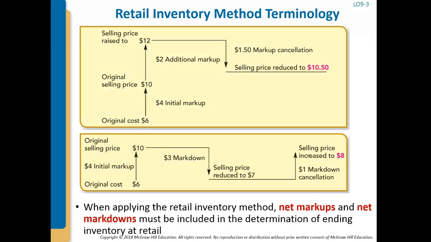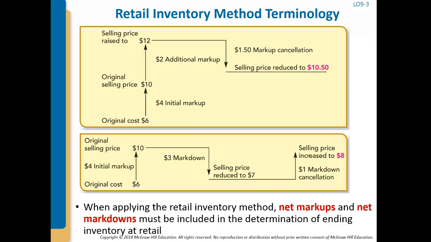So to illustrate here, assume that a product purchased for $6 is initially listed with a selling price of $10, which is a $4 initial markup. If the selling price is subsequently increased to $12, the additional markup is $2. If the selling price is then subsequently decreased to $10.50, the markup cancellation is $1.50.